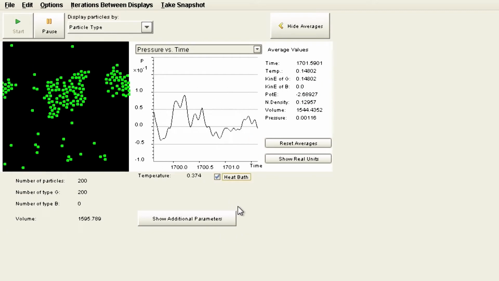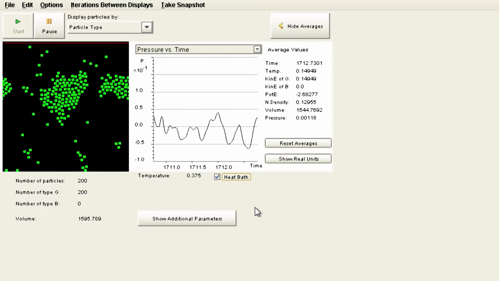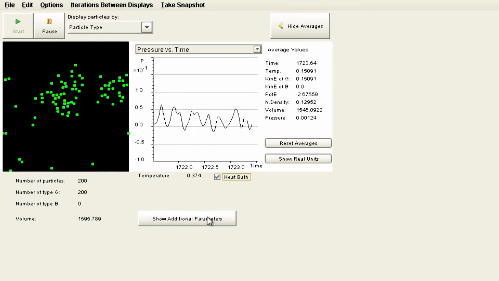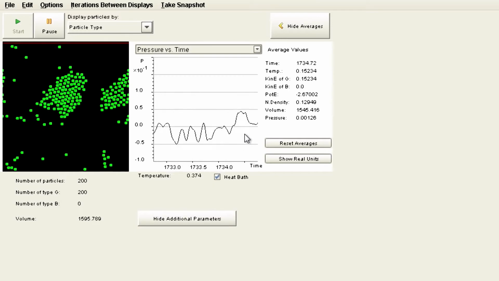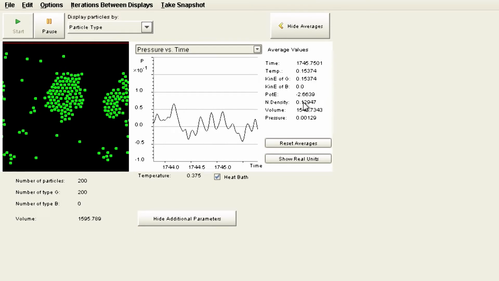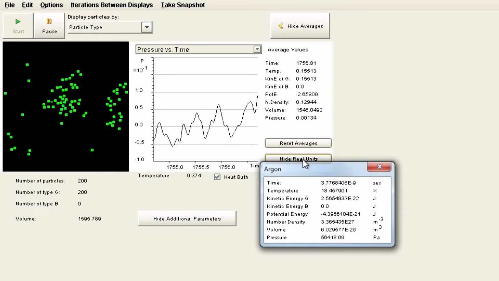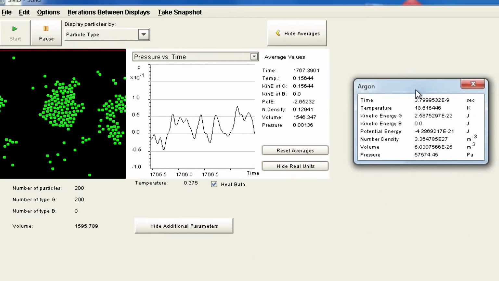So, let us do the heat bath. That becomes a canonical ensemble, and in that new canonical ensemble you will see the averages of the properties, in real units.